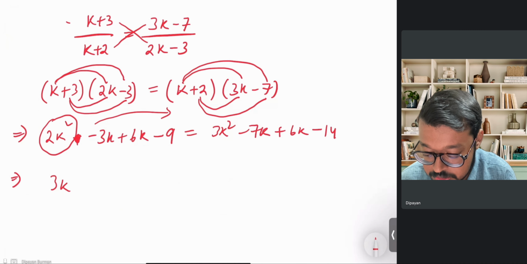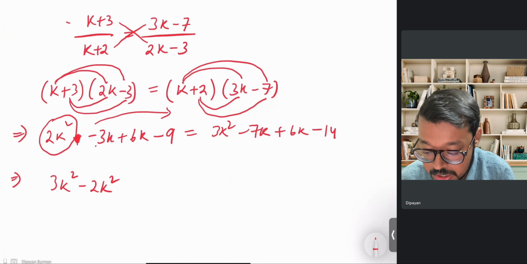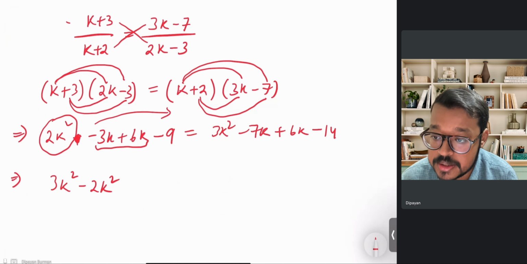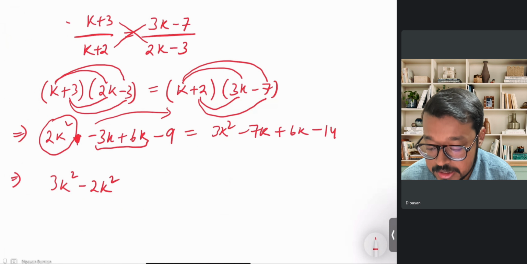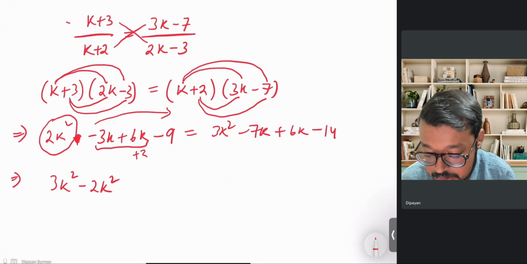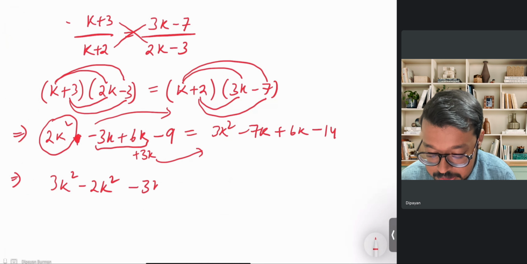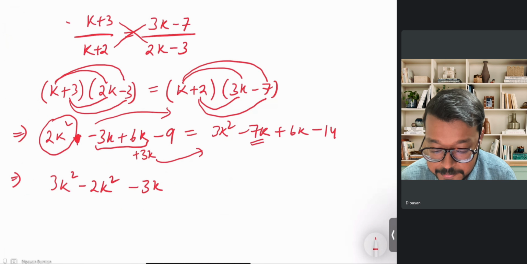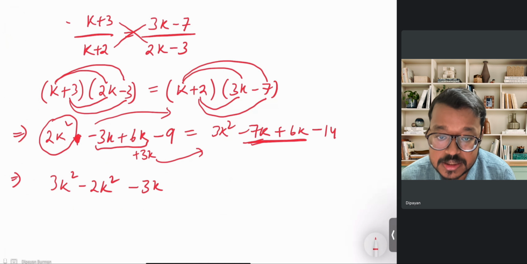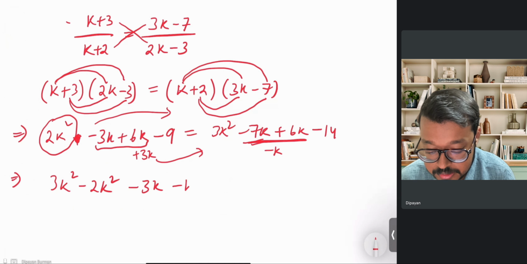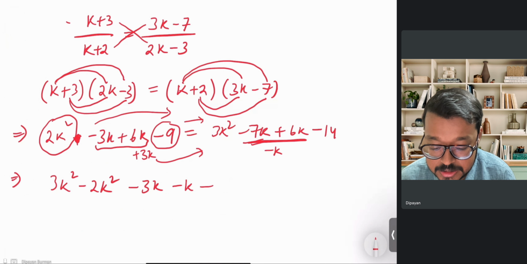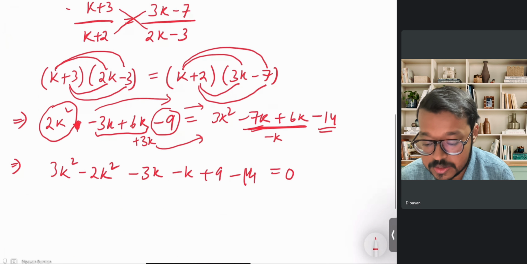So we'll have 3k square minus 2k square, and minus 3k plus 6k is plus 3k, and that also I'm moving to the other side, so that will be minus 3k, and this side already had minus 7k plus 6k, so that is minus k. And this minus 9 also to the right side is plus 9, and this already had a minus 14. So this entire thing is equal to 0.